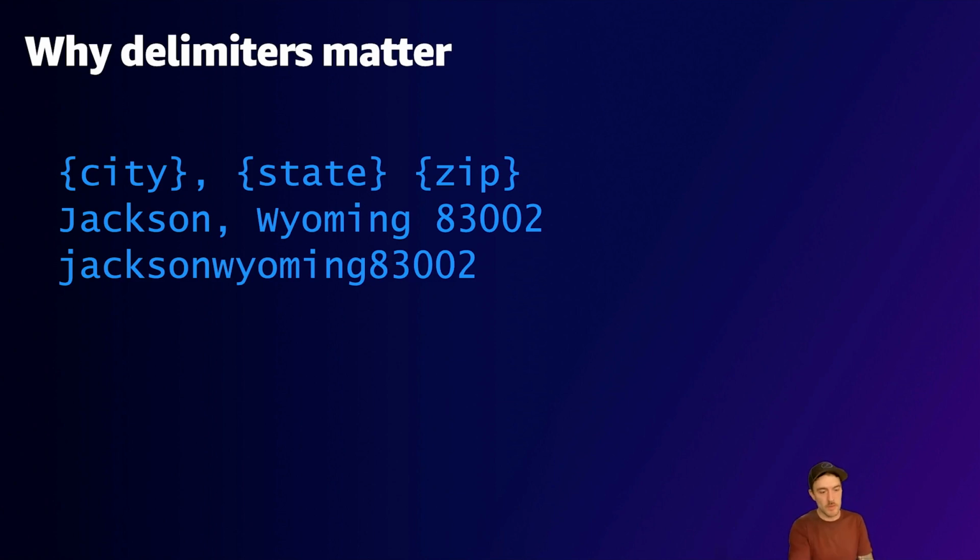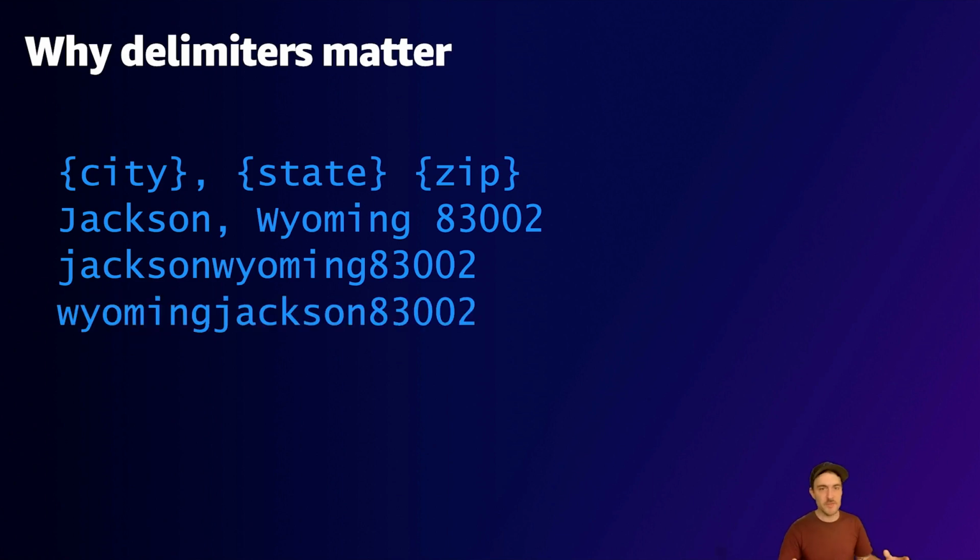We will concatenate these, standardize on case, and remove the casing. We're also going to reorganize these, because in DynamoDB, the sort key impacts the order of results that come back, and you can provide a partial sort key. So you could say begins with, or greater than or less than. You can provide just the word Wyoming, for instance.